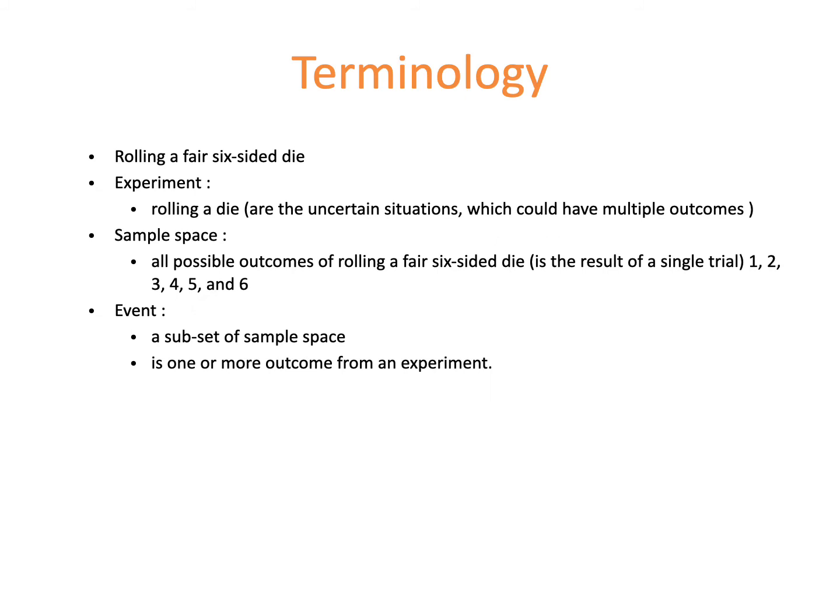Let's understand the terminologies related to probability, three terminologies that we often come across. First, we have an experiment, basically a process. Suppose we are rolling a fair 6-sided die, and this experiment is nothing but rolling a die.